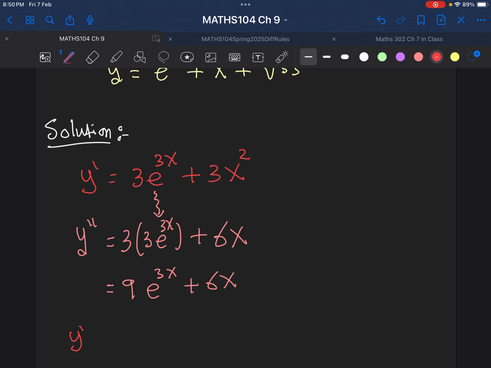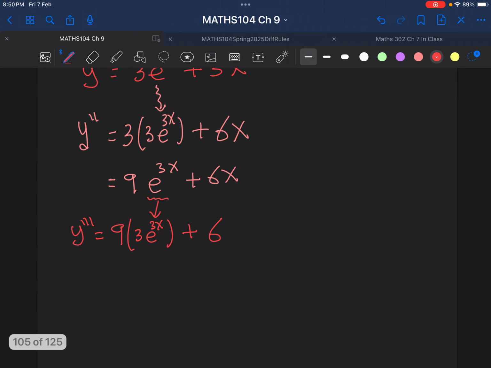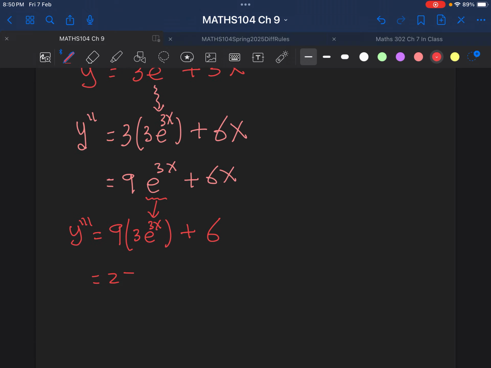Next, we'll do y triple prime. The 9 will stay. What is the derivative of e^(3x)? It is 3e^(3x). Derivative of 6x is just 6. So the final answer is 27e^(3x) plus 6.